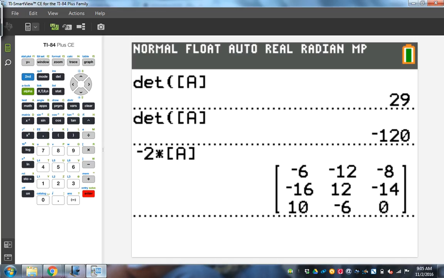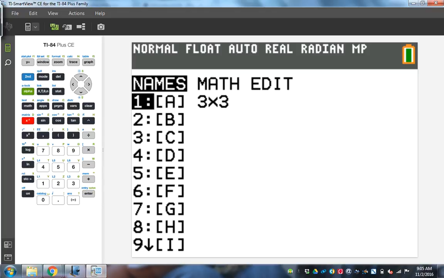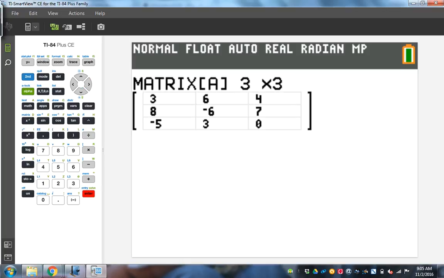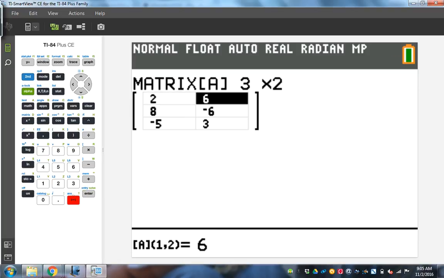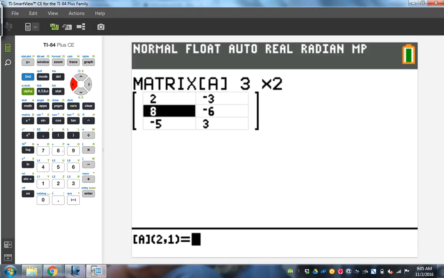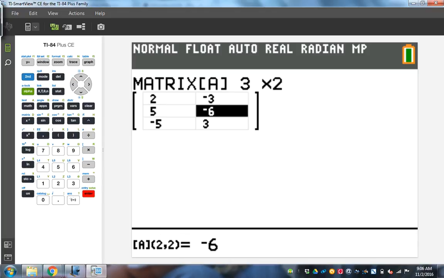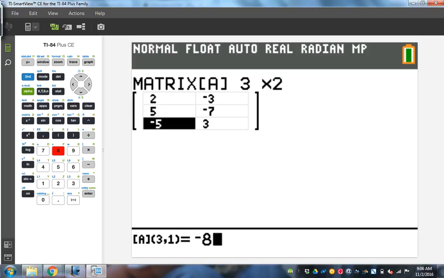So let's go to matrix A and put in that 3 by 2 matrix. 3 by 2, 2, -3, 5, -7, -8, 12.